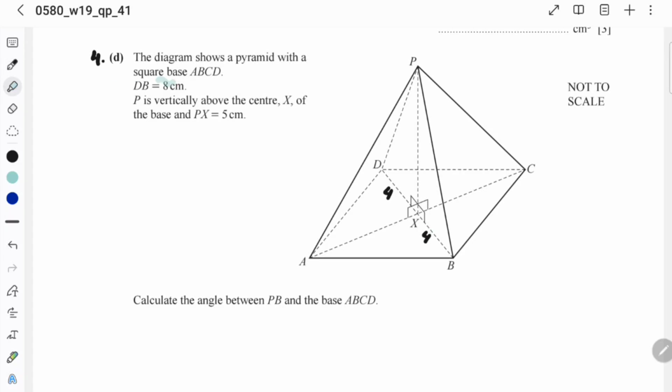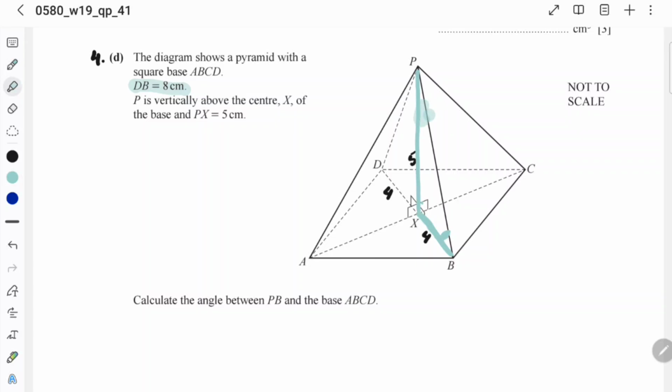P is vertically above the center X, PX is 5 centimeters, so we keep 5 centimeters on this line, and it is 90 degrees there. They are asking us to calculate the angle between PB and the base ABCD, so this angle is required.